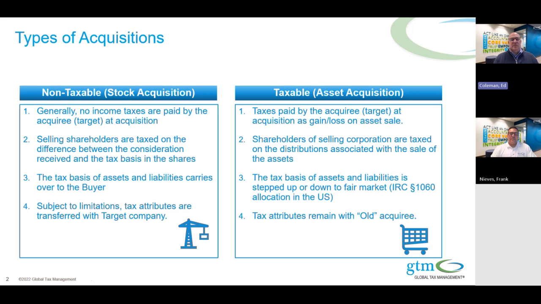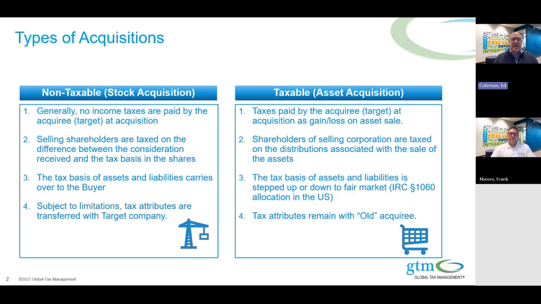To counter this, an asset acquisition is where a corporation is selling its machinery or its tables and chairs and whatnot that it owns within the company, and taxes are paid on the gain or loss of those particular assets. And the shareholders of the selling corporation are then taxed a second time when those proceeds net of taxes are potentially paid out to the shareholders.